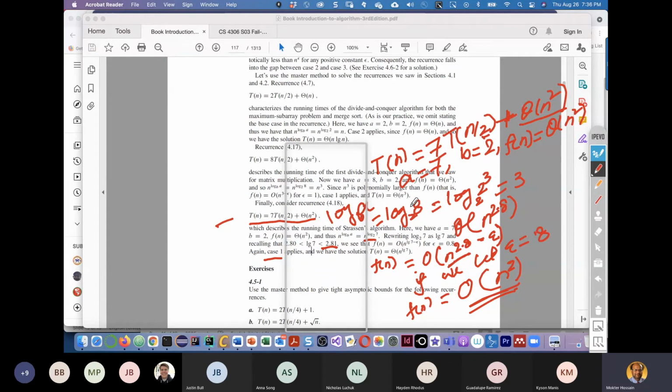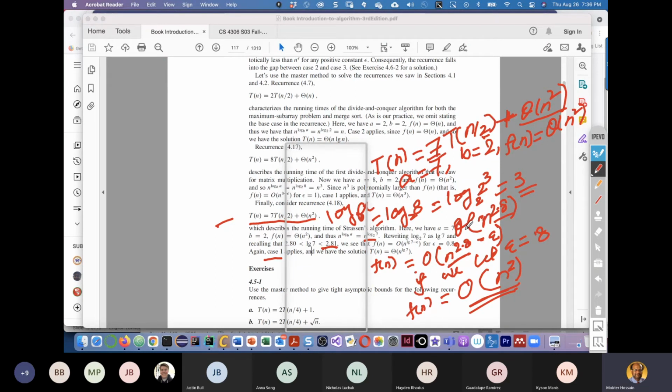I said if a were 8, then we would get 3. But since a equals 7, we are getting a value something less than 3. This is why this value equals 2.8.